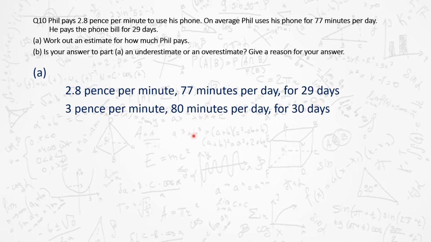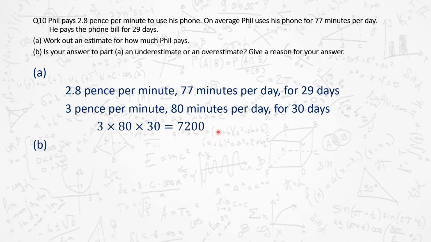Therefore, to work out the total value of how much he pays, we need to work out 3p per minute, 80 minutes, so 3 times 80. Then for 30 days, we need to times by 30, so 3 times 80 times 30 gives me 7,200, and that's how much he pays in pence.